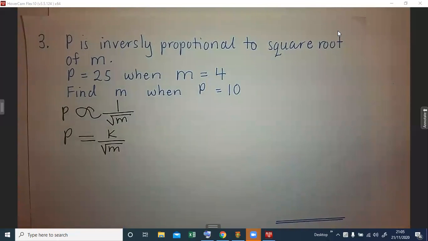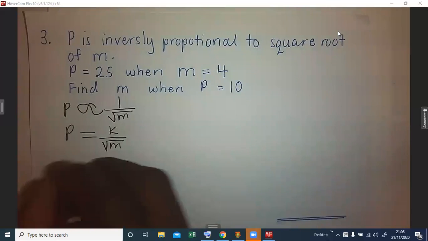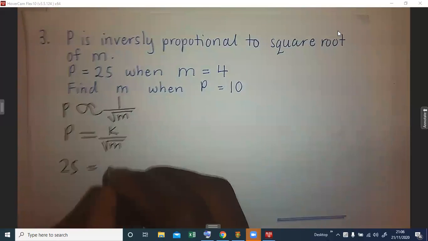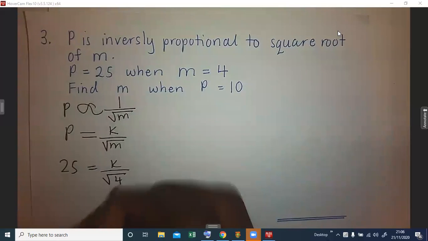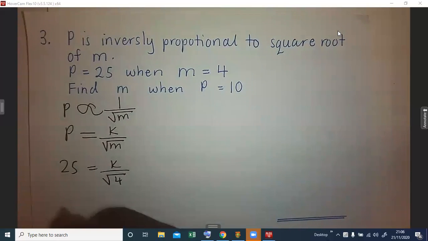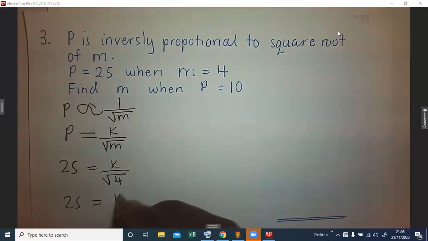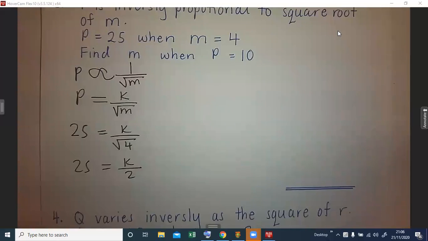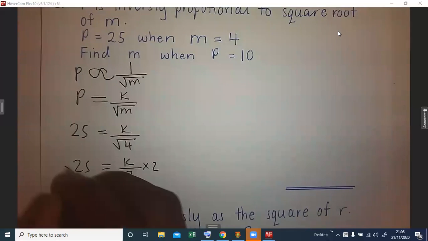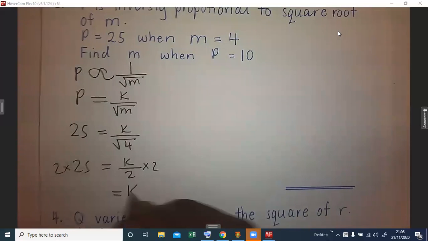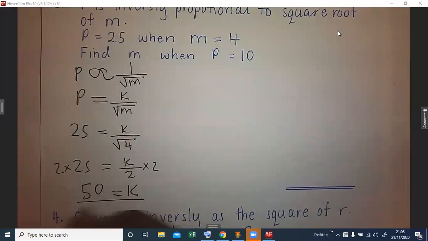We are told P is 25 and M is 4. So when P is 25, we have k over the square root of 4, because M is 4. And we know the square root of 4 is 2. So 25 times 2, we get k as 50.